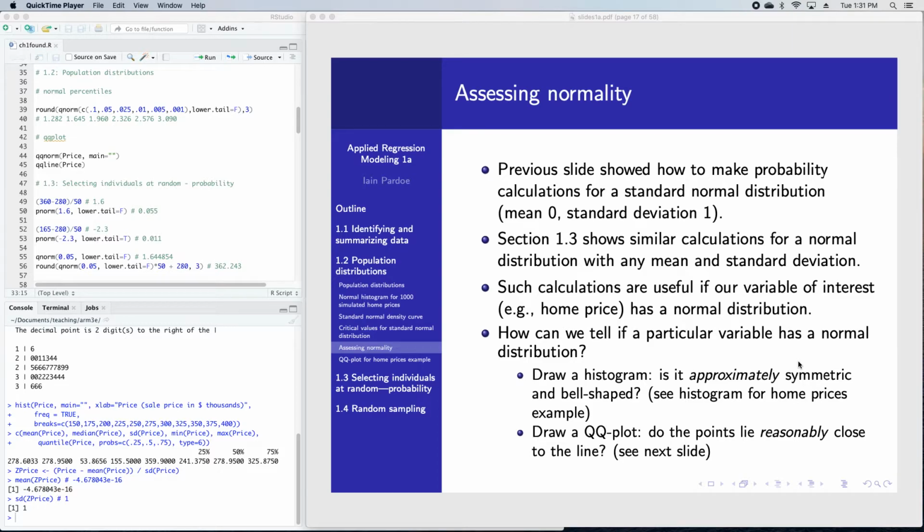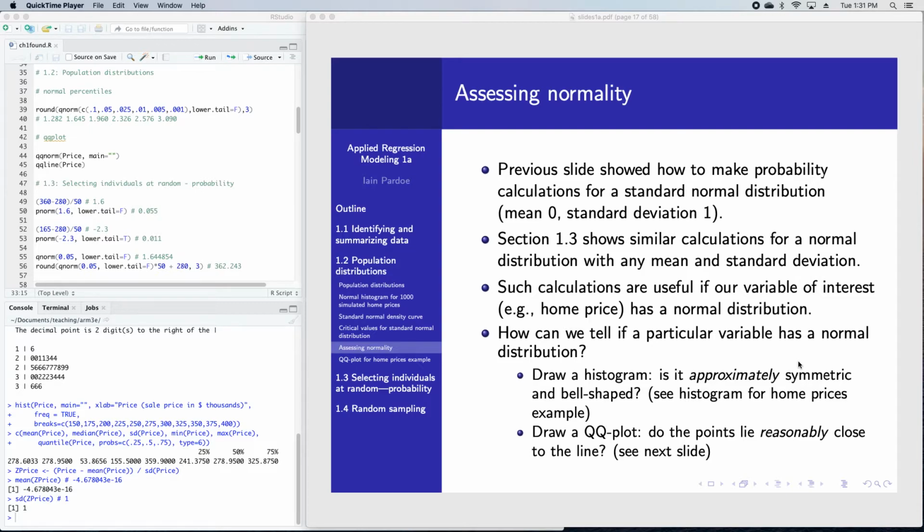These types of calculations are only going to be useful if our model represents reality, if our model represents our sample. And so we need to have a way of assessing whether we have data that does look like it could come from a normal population.